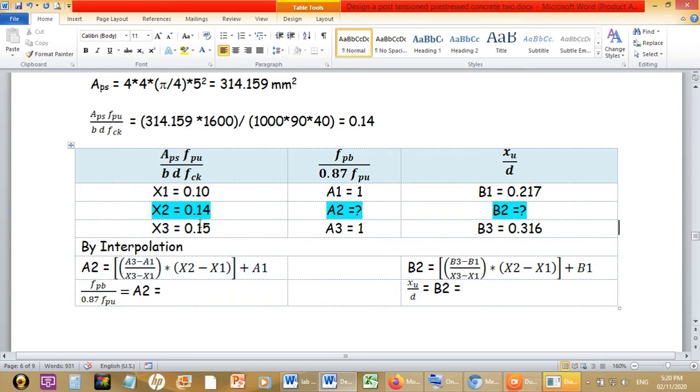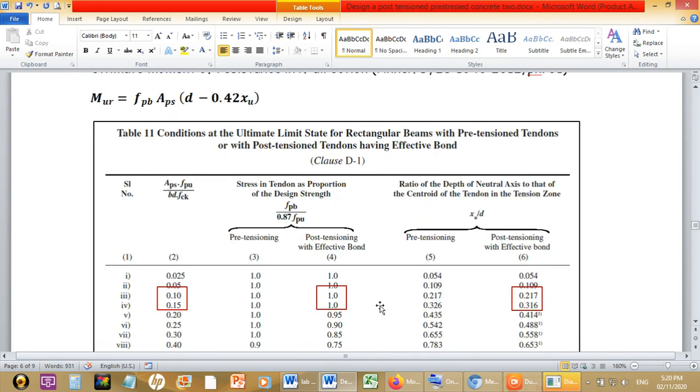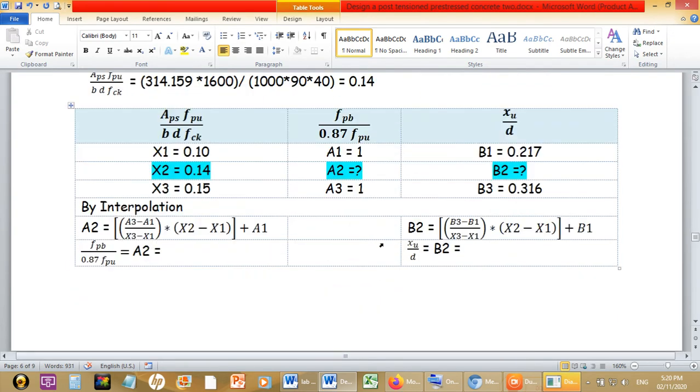Here I have taken the values of column number 2, column number 4 and column number 6. So this is column 4 and this is column 6. A2 value we can directly get as 1, because in between we have 1. So here we can use that formula. We have B1, B2, B3, A1, A2, A3, X1, X2, X3.